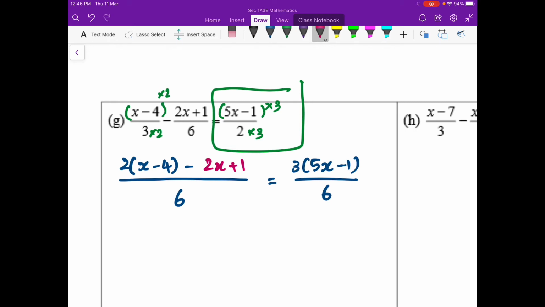What do you all think? 2 times 2x plus 1. 2 times? Why 2 times? The denominator is already 6. Because both sides you have to add 2 times x minus 4 and 3 times 5x minus 1 in the same thing.